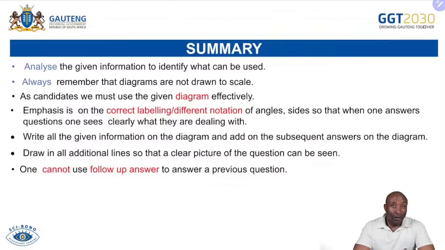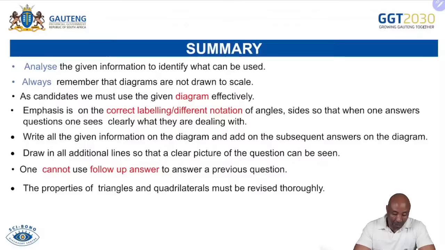And if the question says, show that P is this, you cannot use that P to answer question 2.2, yet that question is asked in 2.3. Let us always try to show what we need to show.